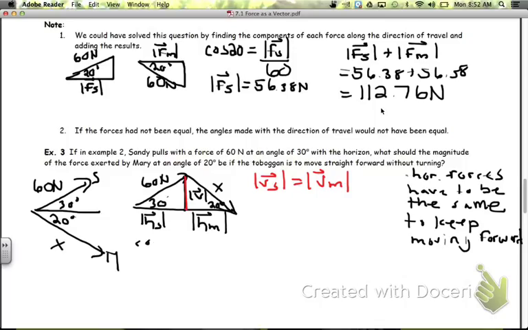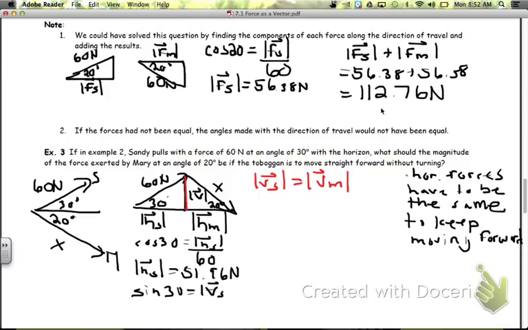We have cos 30 is equal to our horizontal force for Sandy over 60, so the horizontal force is going to be equal to 51.96 newtons. Then we can also look at our vertical force. Sine 30 is equal to our vertical force with Sandy all over 60. Therefore our vertical force is equal to 30 newtons.